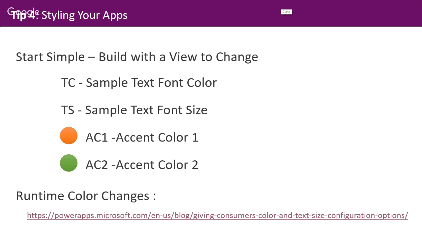That way you don't have to click on every object and change things. You can just build on something that you set up as a standard, right? Try the runtime color changes. It's kind of fun to give your end user a chance. I think one of the things I did in that blog also was enable the end user to increase font size. So that's kind of a gap fill while you can't pinch and zoom in a phone. You could at least increase the font size using that little slider.